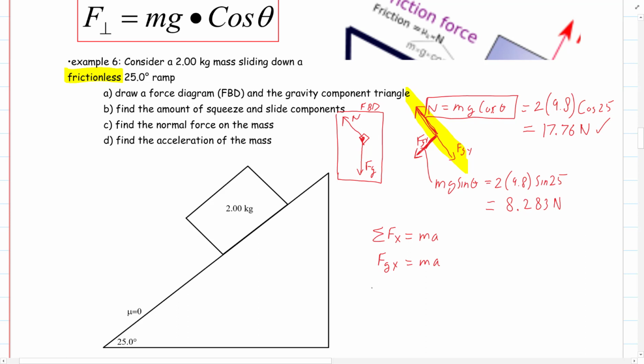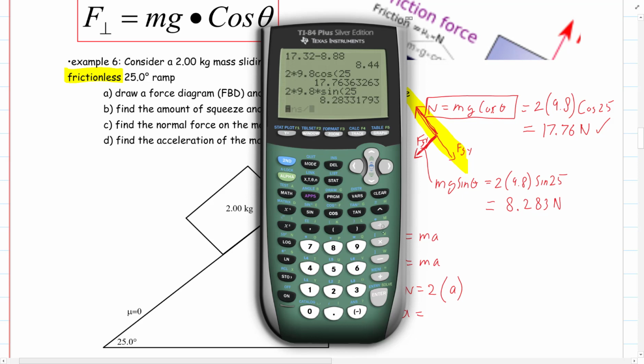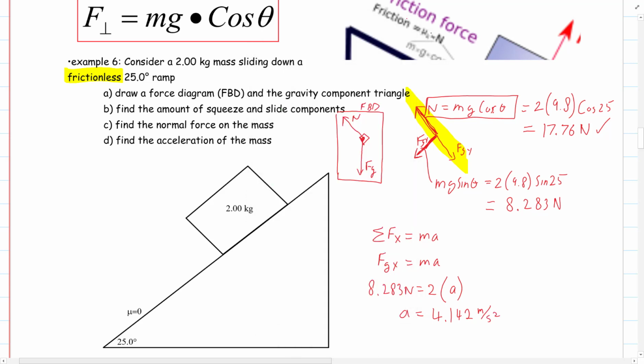And that's going to be 8.283 newtons is equal to a 2 kilogram object times a. So a is going to equal that number divided by 2. 4.142 meters per second squared. And the direction of that will be down the slope.